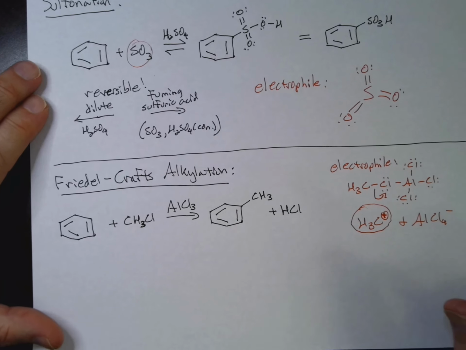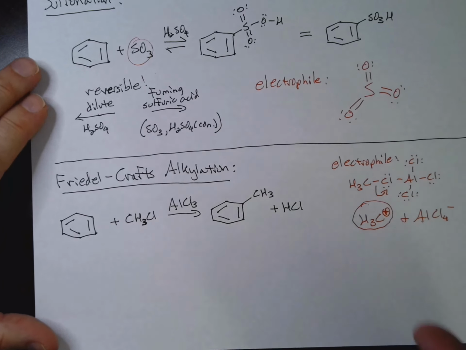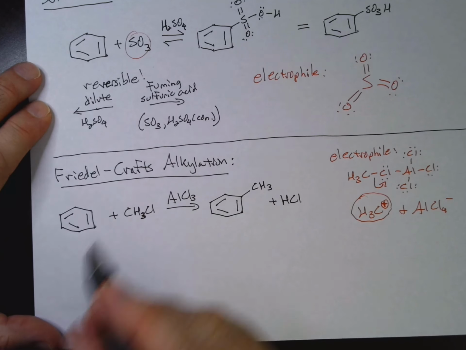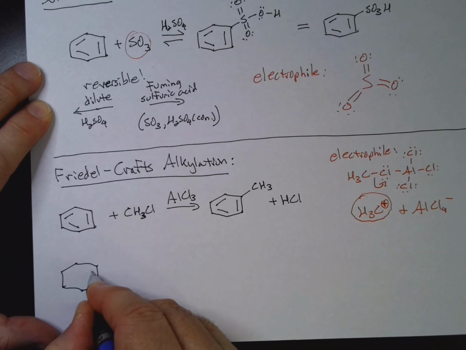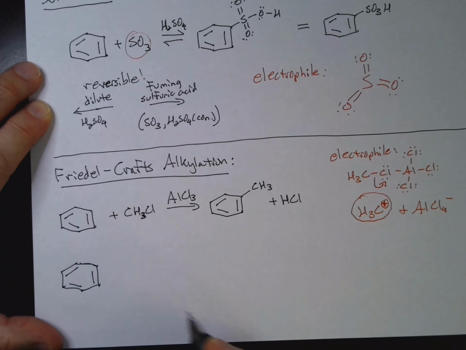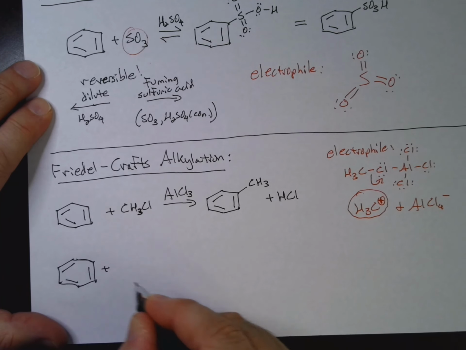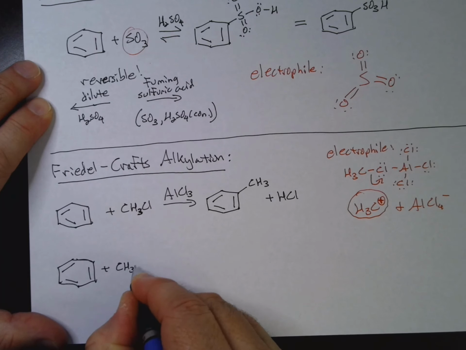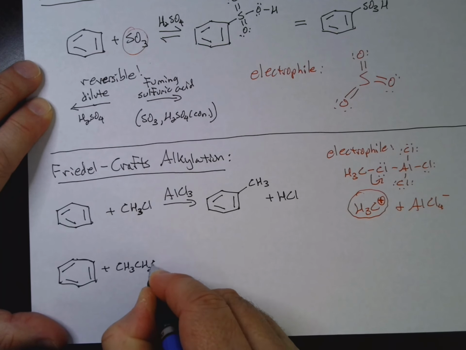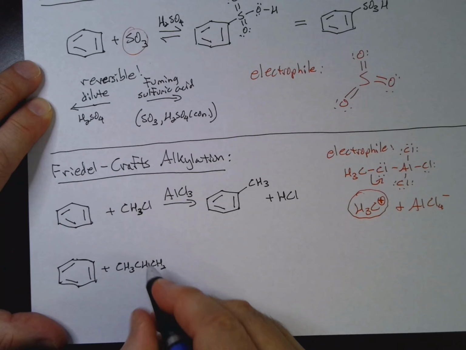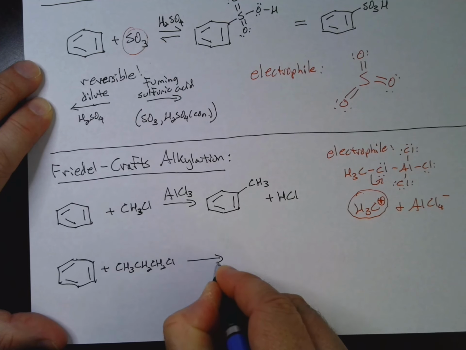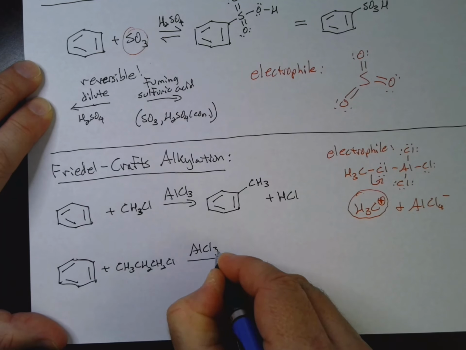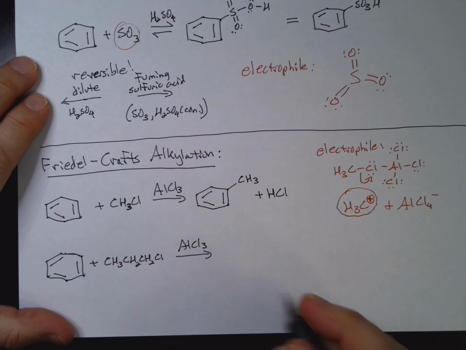All right. Now, there's a limitation here, and the limitation is that if we try to do this with, let's say, a longer chain, so we could do it with methyl chloride, we could do it with ethyl chloride, but if we tried it with propyl chloride, we find something interesting happens.